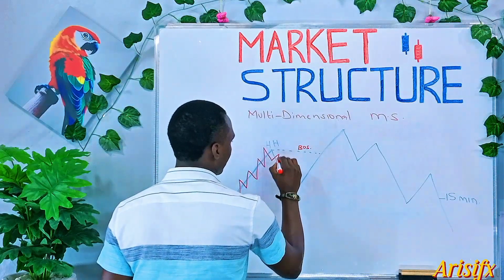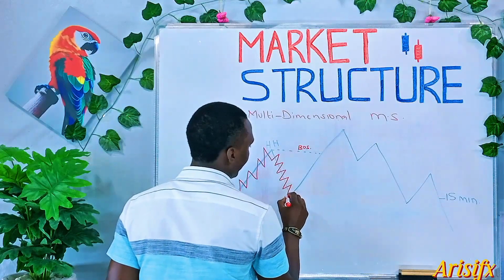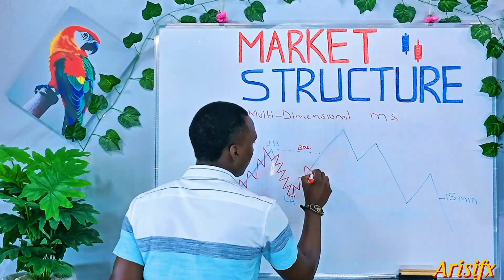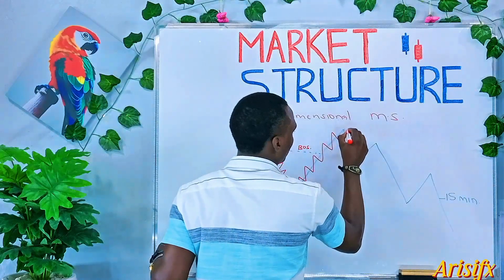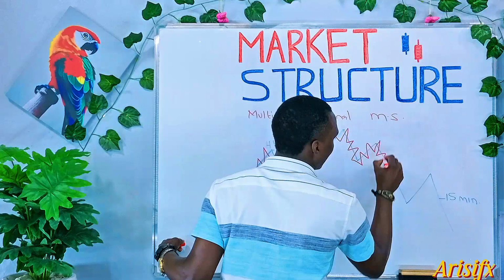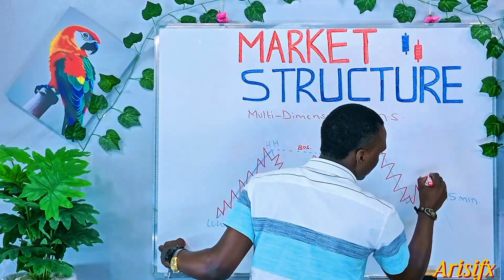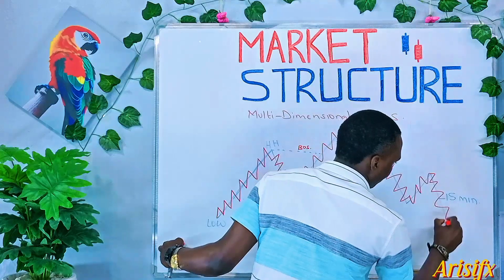Okay, like that. Here it will form lower highs and lower lows. Okay, it changes shape and forms higher highs and higher lows. So this is what the market really looks like in a multiple dimension market structure.